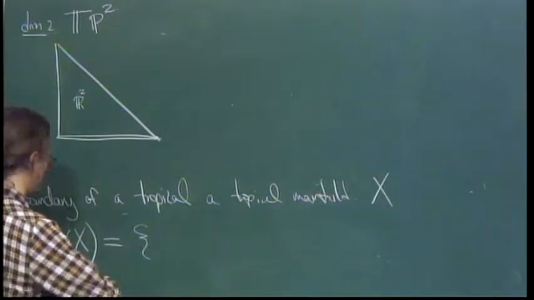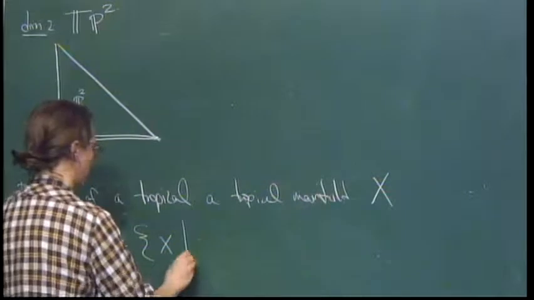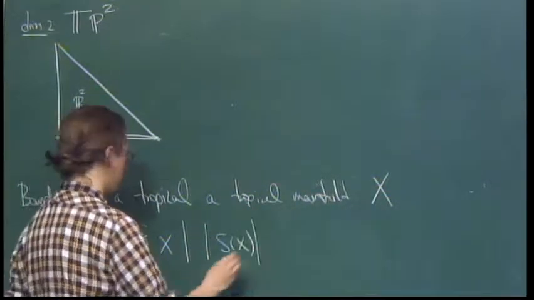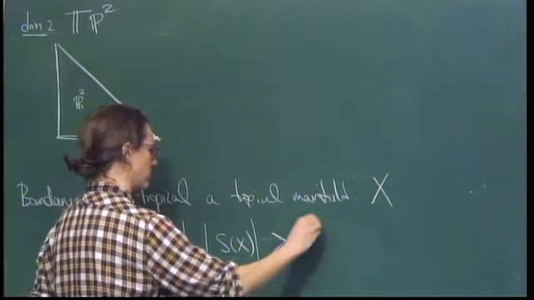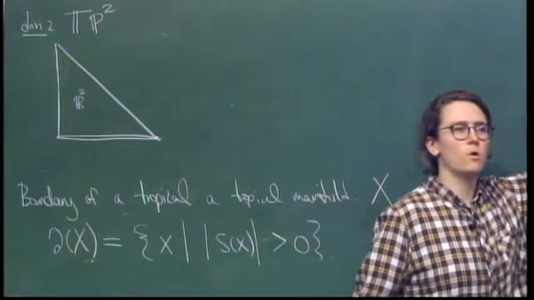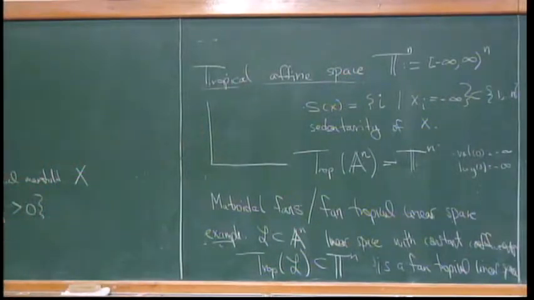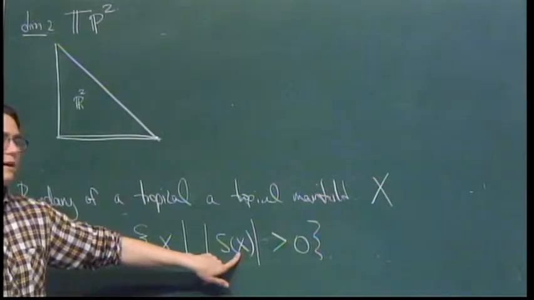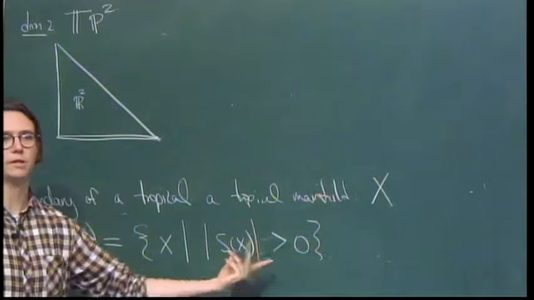The boundary is just the set of points x such that, let me write it first and then explain, this is strictly greater than 0. Sedentarity here is of course dependent on coordinates, and now we're trying to do something with manifolds, which is coordinate independent, but just take any chart, and its image in the chart will have some sedentarity, and I just want how big it is.